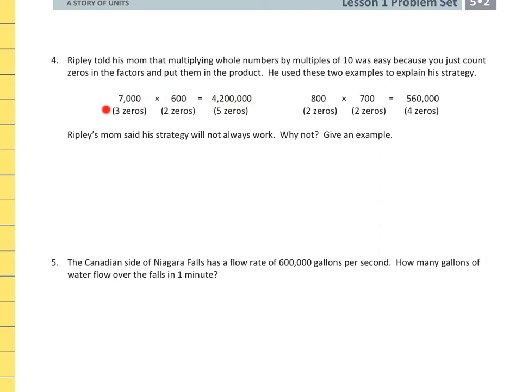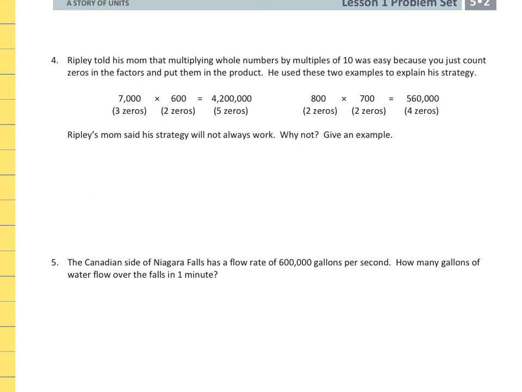So this is correct. Over here, 800 times 700 is 560,000. Well, I'll tell you that 8 times 7 is the basic math fact of 56. There are 2 zeros in 800 and there's 2 zeros in 700. So that means there's 4 zeros in 560,000.